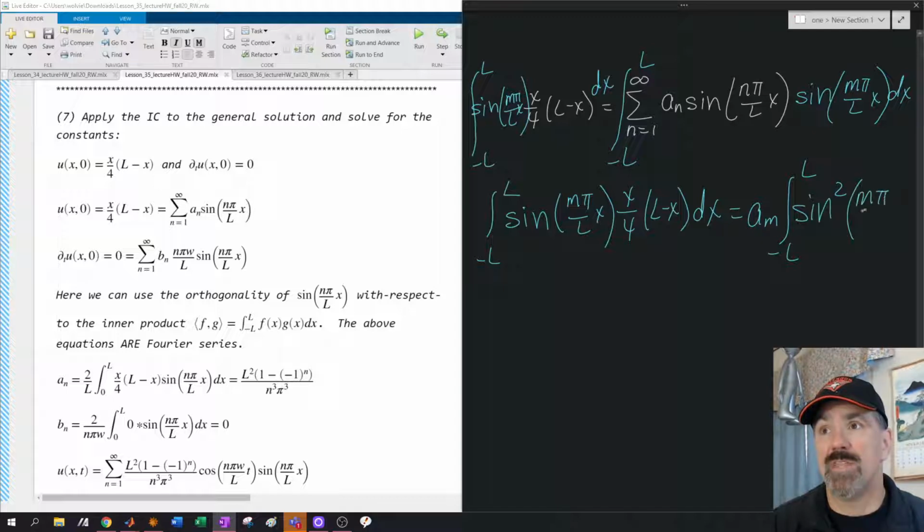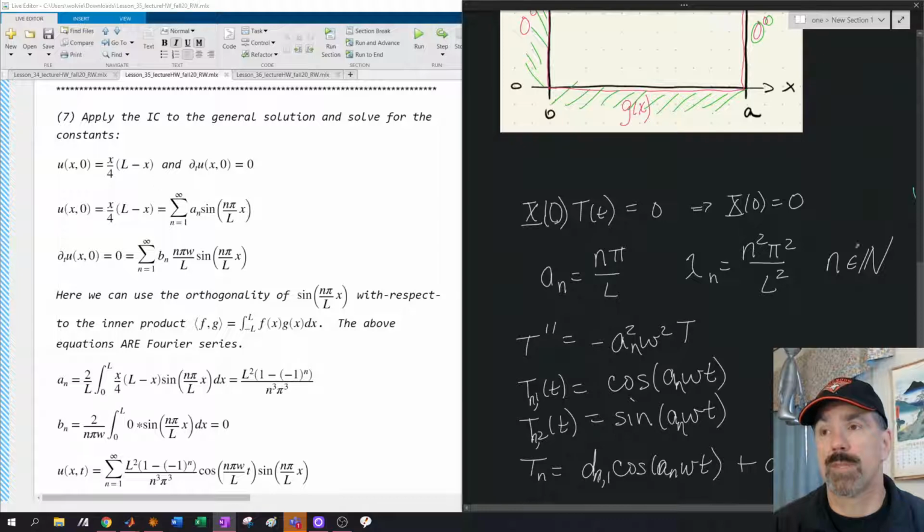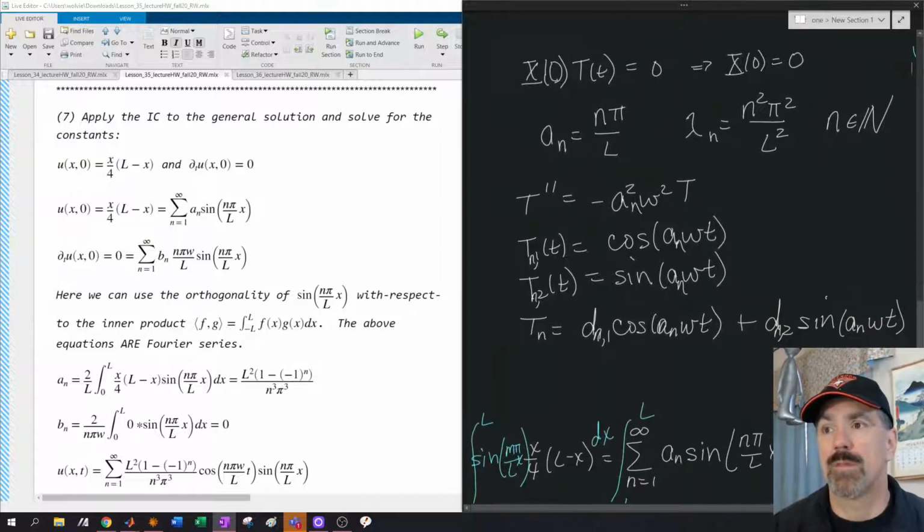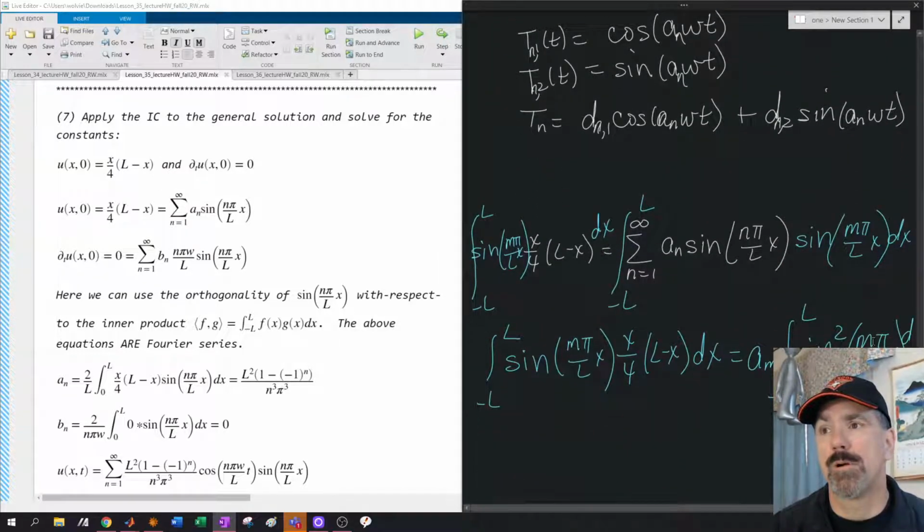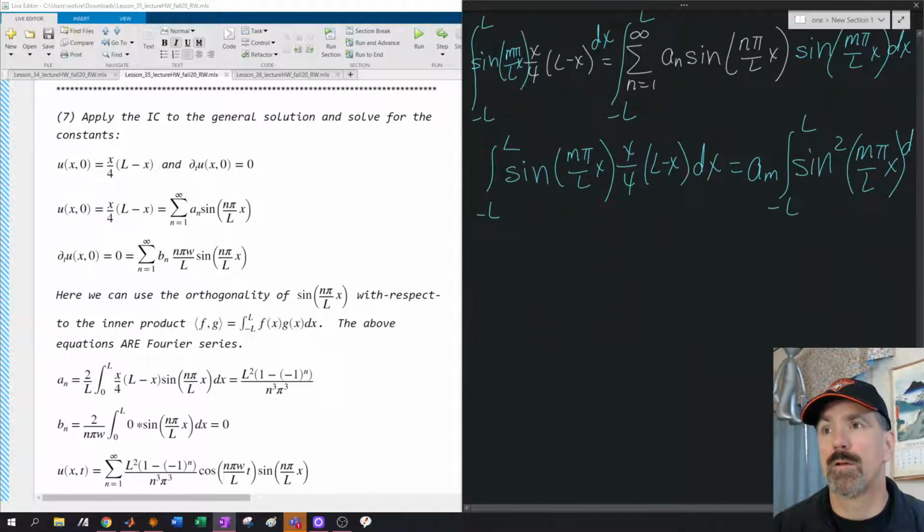So we have this situation here, L x dx. Sorry about that. With our dx. And so this then is how we end up with, so we can change m to n, right? That doesn't make any difference.